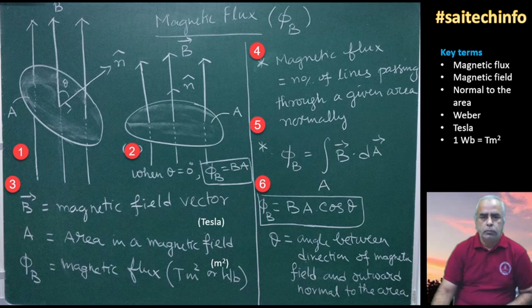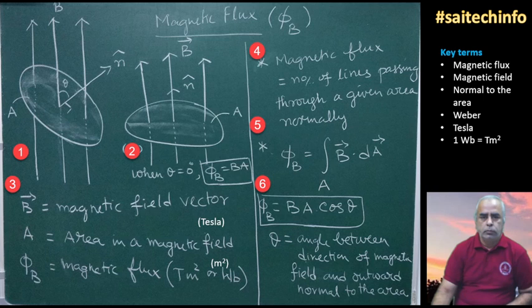Look at this diagram. In fact, I have numbered them 1, 2, 3, 4, 5, 6. Look at point number 1, that is the first diagram, and point number 2, the next diagram. Now focus on the first diagram. Here A is the surface, you can call it an area in a magnetic field.